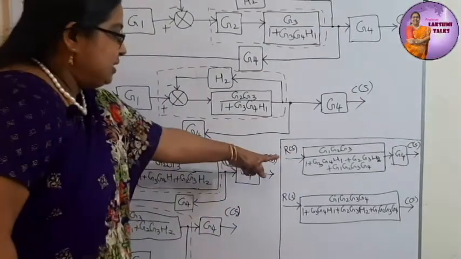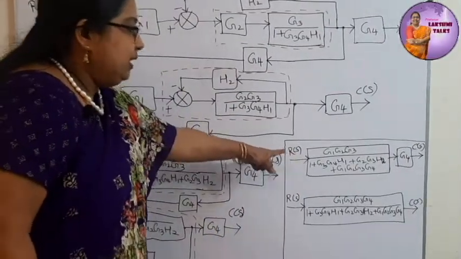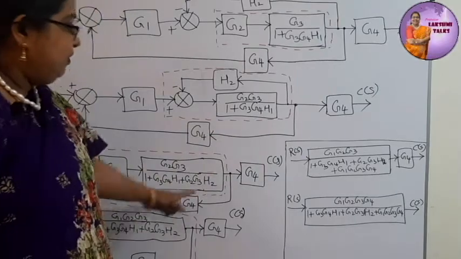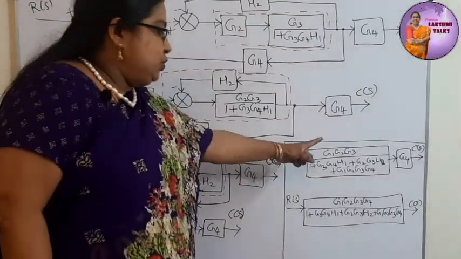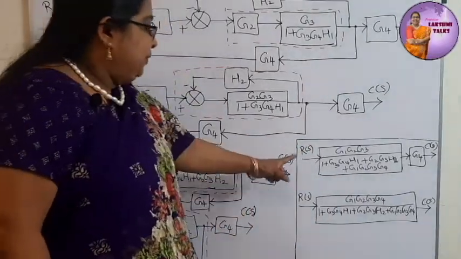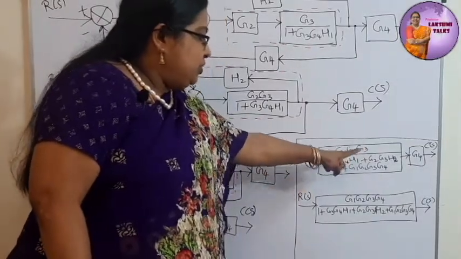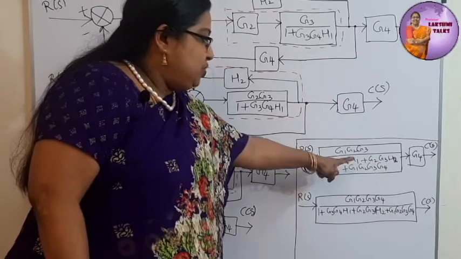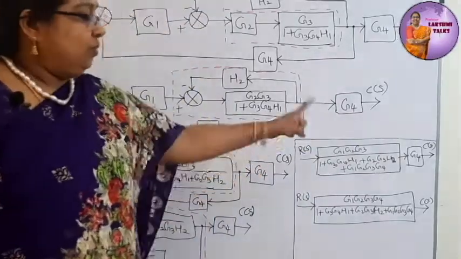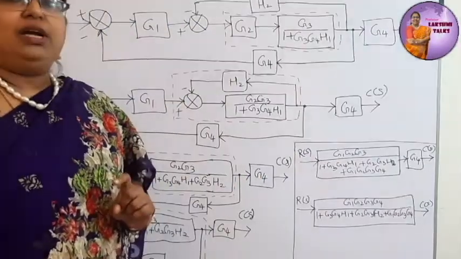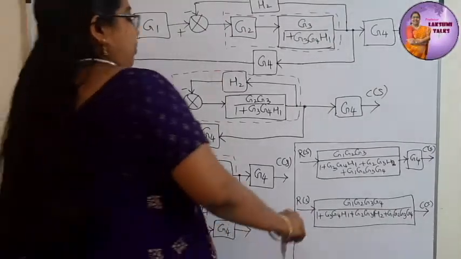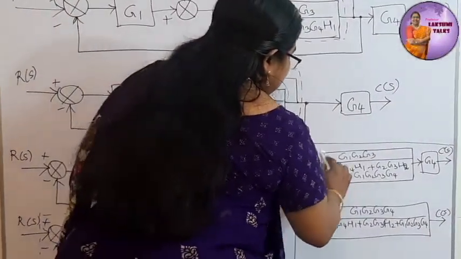This block is the reduction of the simple feedback, which is G1, G2, G3 divided by 1 plus G3, G4, H1 plus G2, G3, H2 plus G1, G2, G3, G4, and this G4 block is in series with that. Now we have 2 blocks in series.